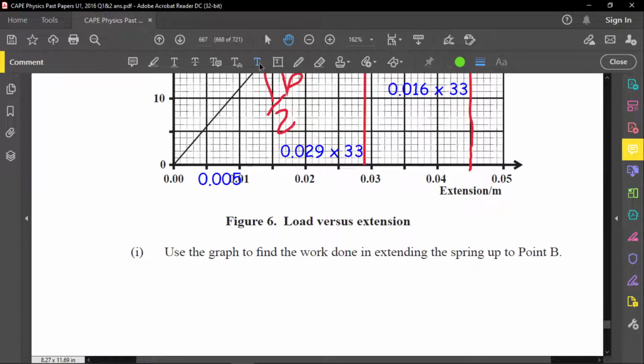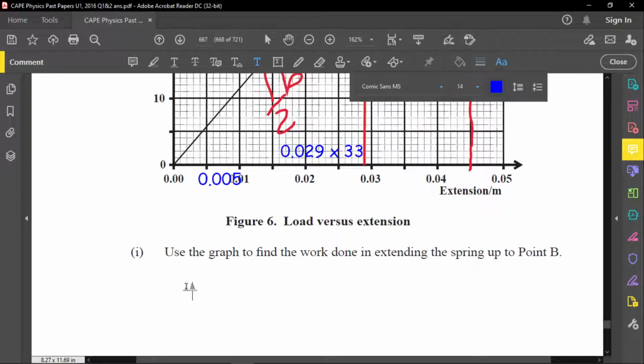Half the base times the height: 0.029 multiplied by 33, divided by 2. All of this will give us, as the work done on that part alone, 0.48.